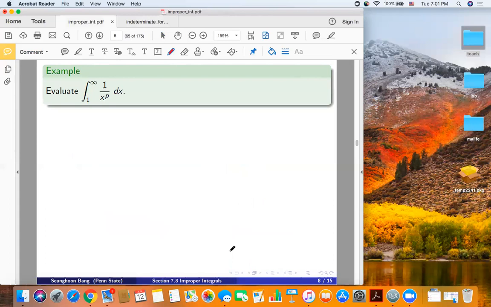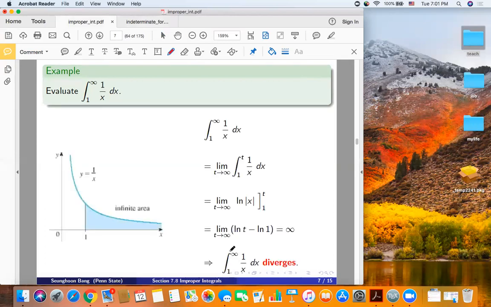Here, you can calculate this improper integral by using the concept of limit. If we can calculate the improper integral and get a finite number, what is the answer? The improper integral is convergent.